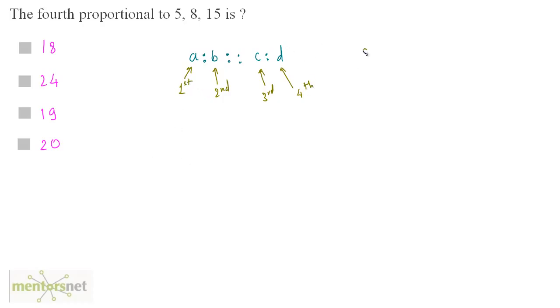And these numbers A, B, C and D are in proportion. Now use this analogy to solve this question. We have been given three numbers, 5, 8, 15. Let the fourth number be x, and these are in proportion.